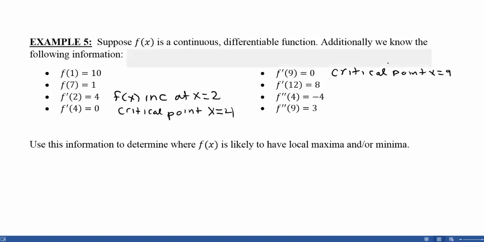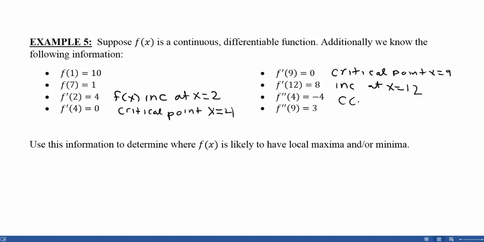Now I'm also told that the derivative at 12 equals 8, which means that my function is increasing at x equals 12. Now I have that the second derivative at 4 is negative 4. If the second derivative at a point is negative, that means it's concave down.